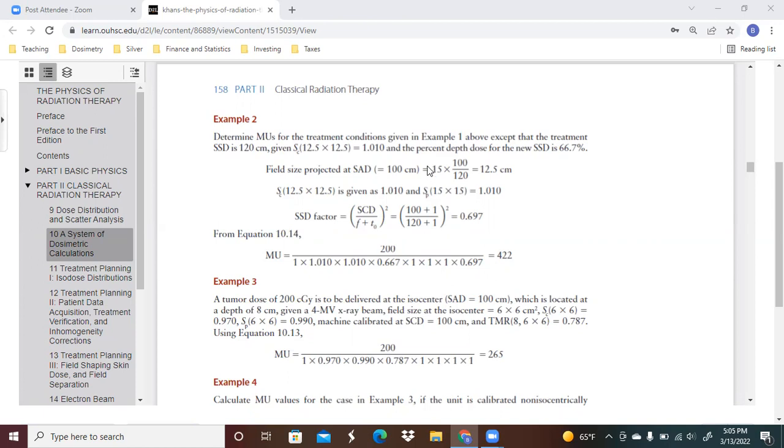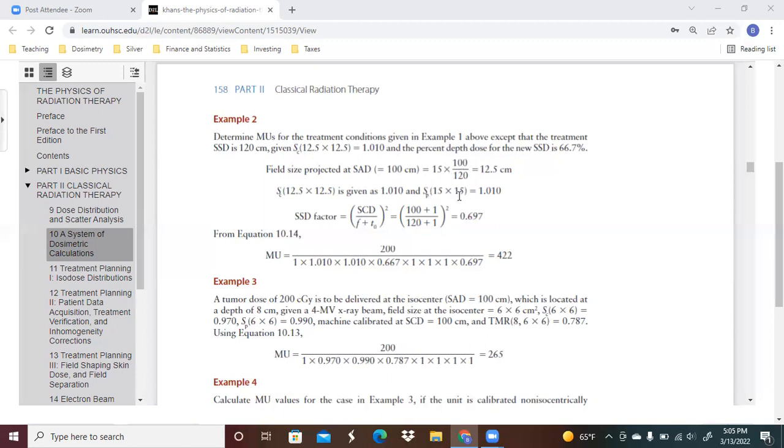What you see here is that when you change the field size projected at SAD, when you change from 100 here to 120, it gets a little confusing, I think.